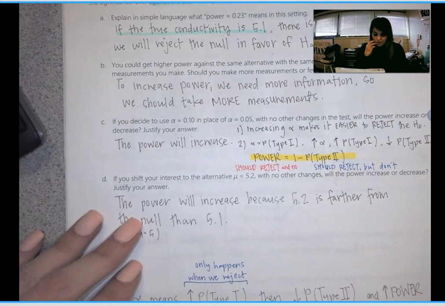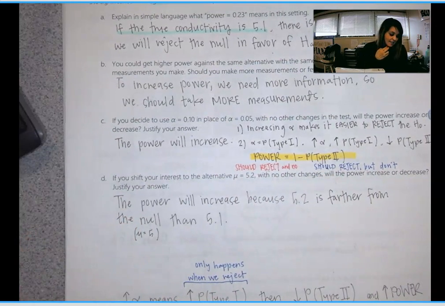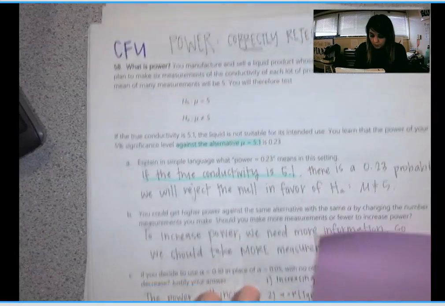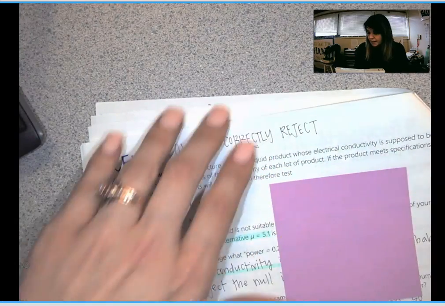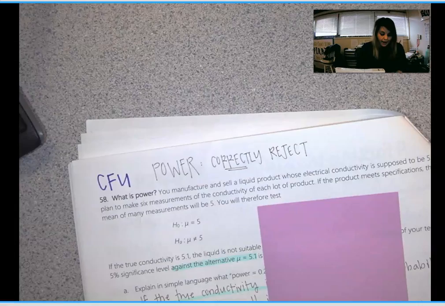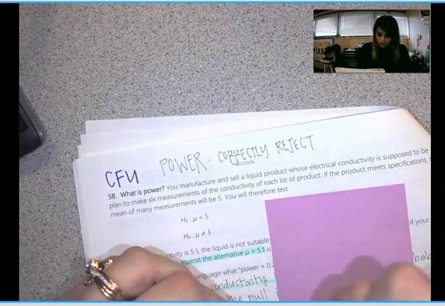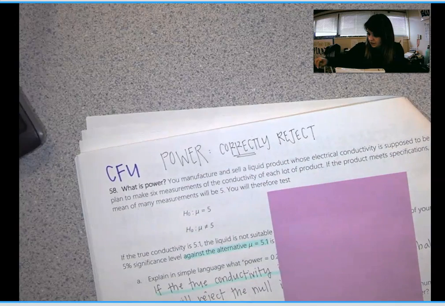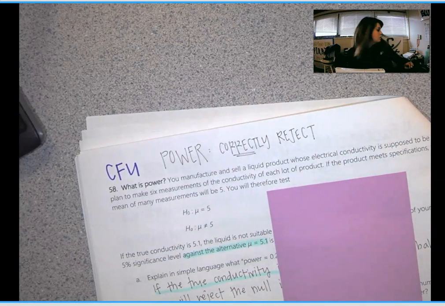So maybe I should write this down. Remember, you only write down what is most applicable to your understanding. So power in this problem, I want a different color. Sorry, if I can find one and it doesn't take me 10 years, I'm going to use a different color.